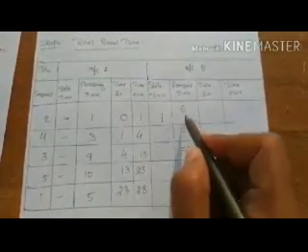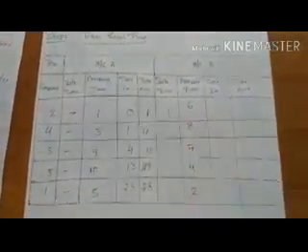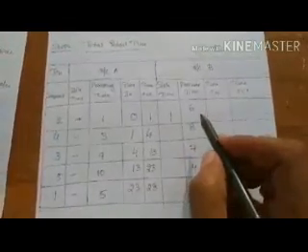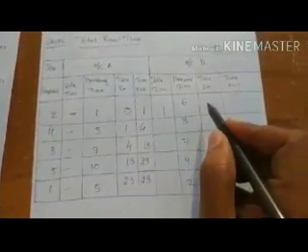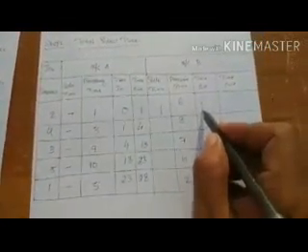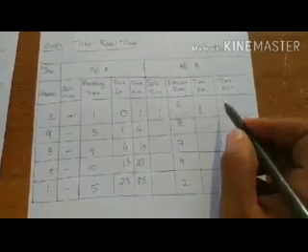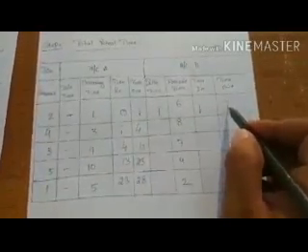Then processing time. Then when will be the time in for the second job on machine B? That is, time in is 1 hour. Then time out of the second job on machine B is 7 hours, since 6 is the processing time.